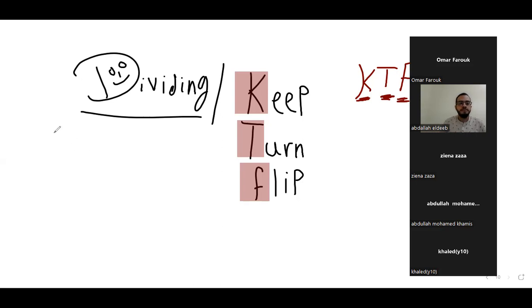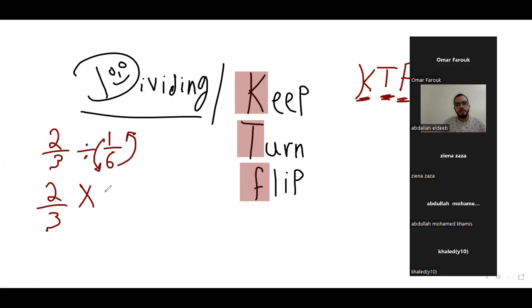See here, 2 out of 3 divide 1 out of 6. You keep the first one as it is, so don't change it. And then turn divide into multiply. And then flip, 6 over 1.